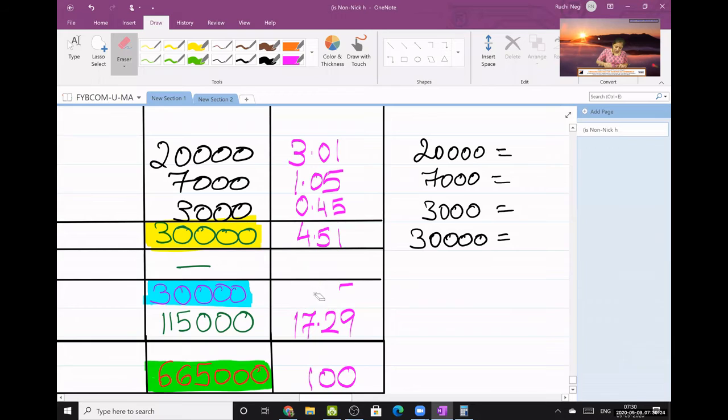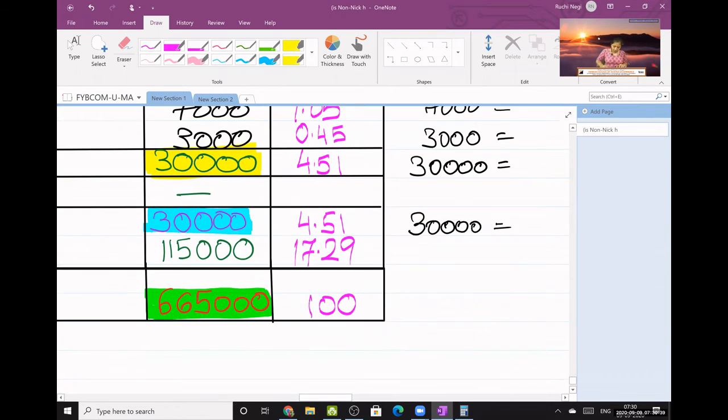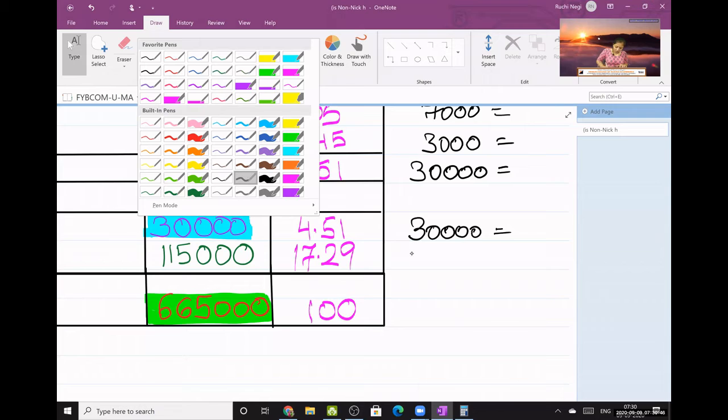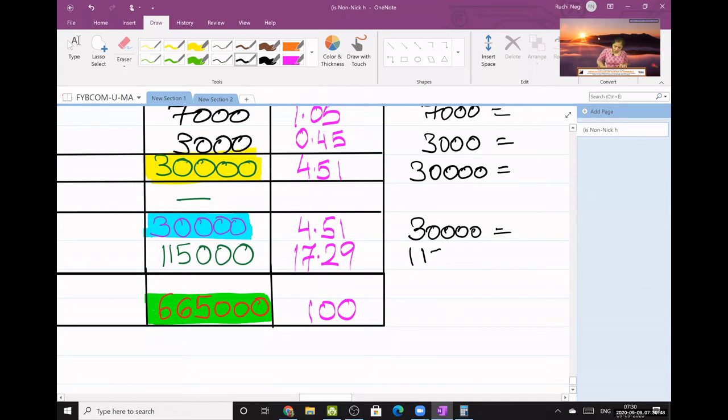So 30,000. Next, 1,15,000 is equal to 17.29.